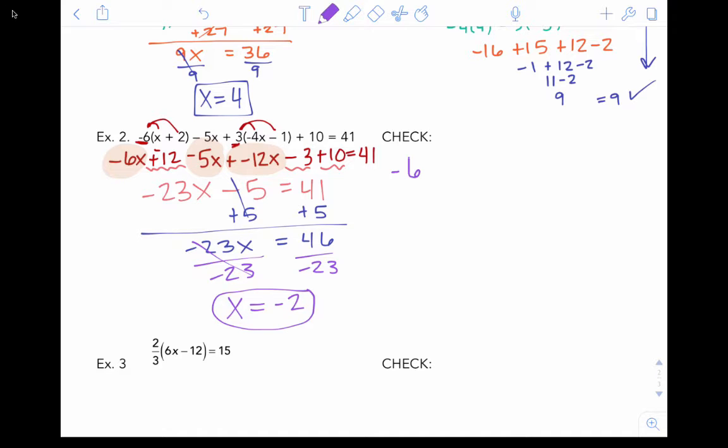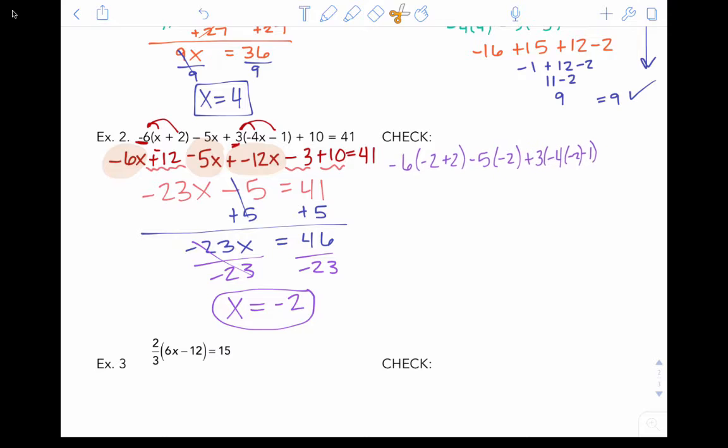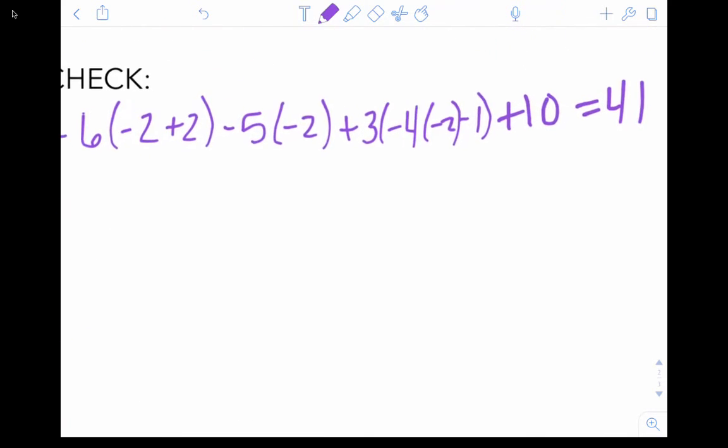So I have negative 6 times negative 2 plus 2, minus 5 times negative 2, plus 3 times negative 4 times negative 2 minus 1. Let me move this. Plus 10 equals 41.